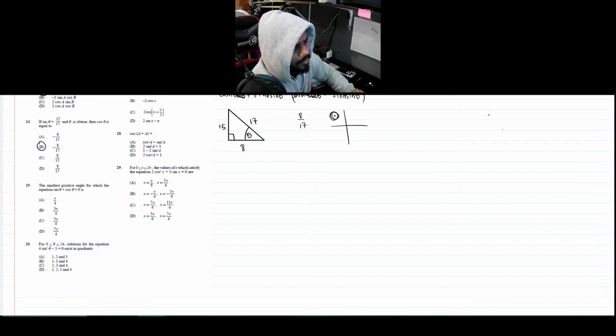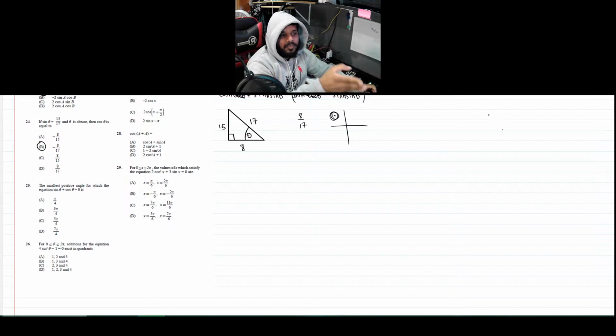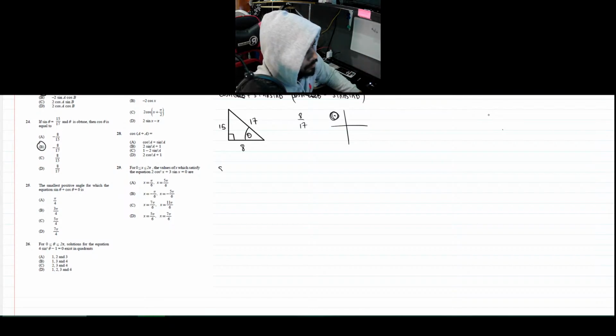The smallest positive angle for which that plus cos theta is equal to 0. So again, this is a little change from 2012. In 2012 we had sin theta minus cosine theta. So here we have sin theta is equal to negative cosine theta, divided by negative cosine theta. We will get negative tan theta is equal to 1, or we get tan theta is equal to minus 1.